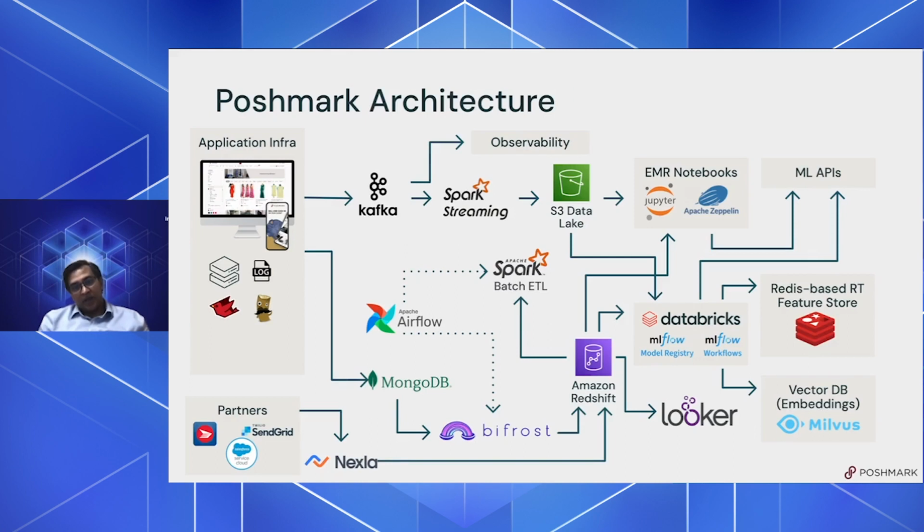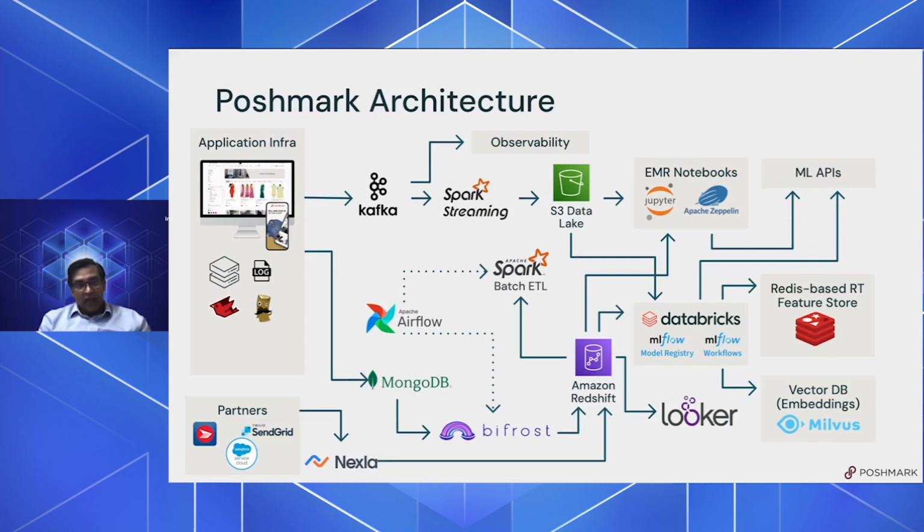Delving into Poshmark's data architecture. Our application stack on the production side, the app services side, has a Ruby-based stack with MongoDB and different other tools, along with Node.js and other application stacks.